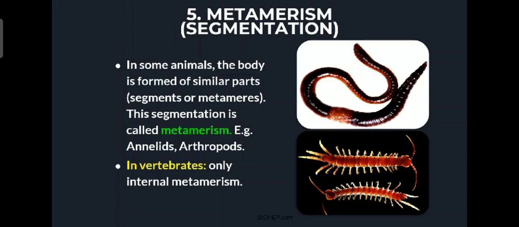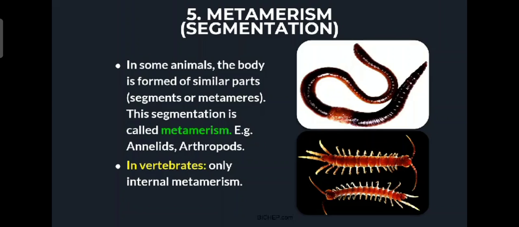Metamere is important. What is metamere? 1 mark question. In some animals, body is externally and internally divided into segments, and each segment is referred as the metamere. And this phenomenon is called as the metamerism.